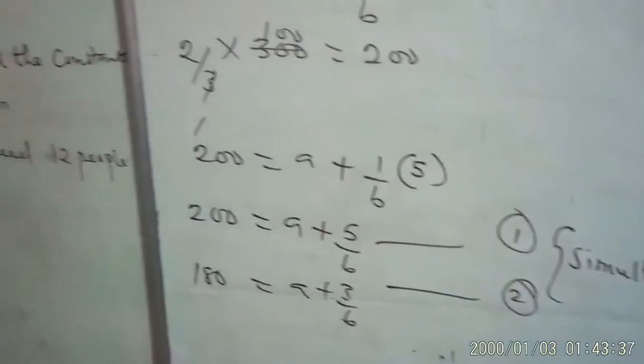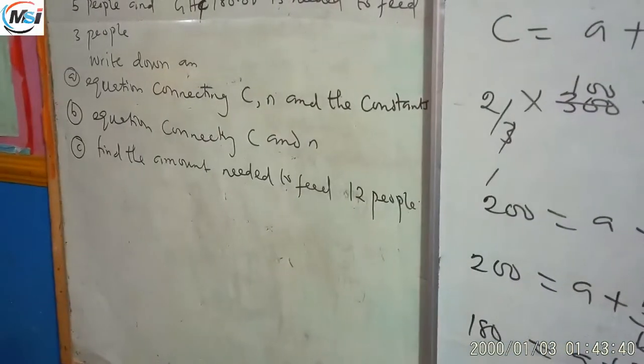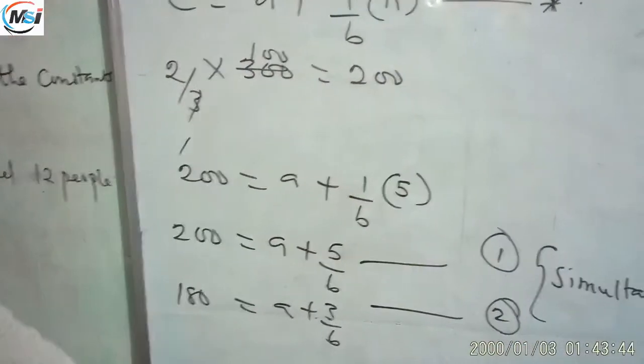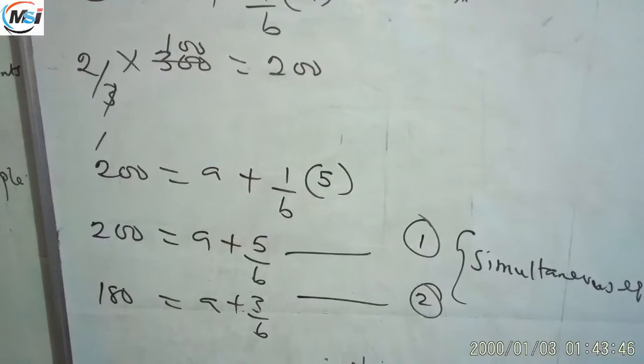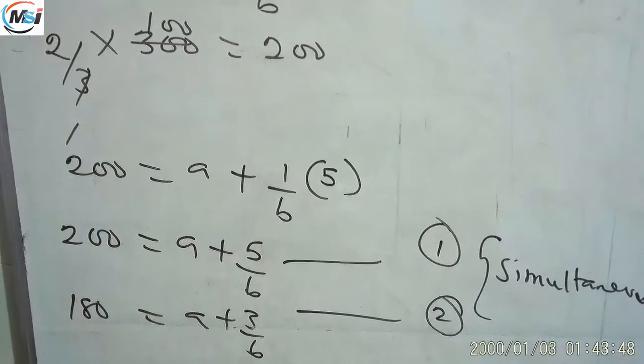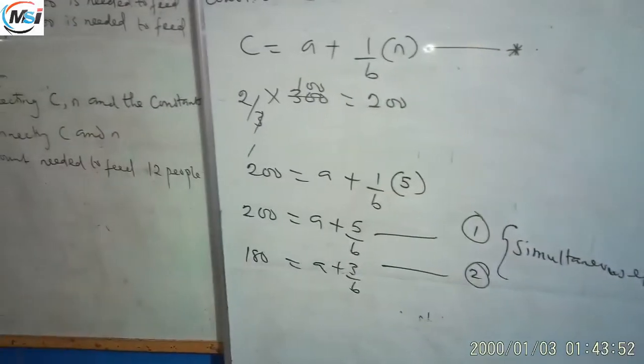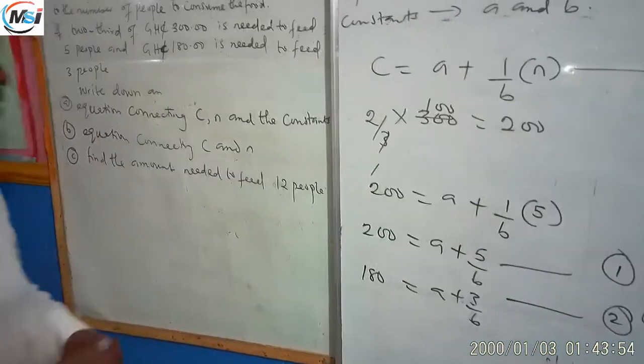So, okay, look at it. We are going to find the value of A and B from this, so we can get the equation connecting C, N and the other constants.